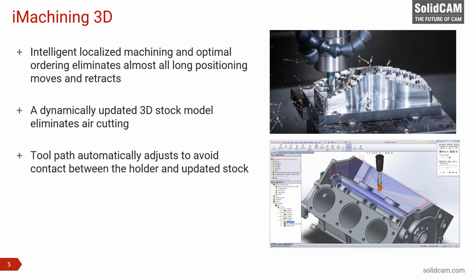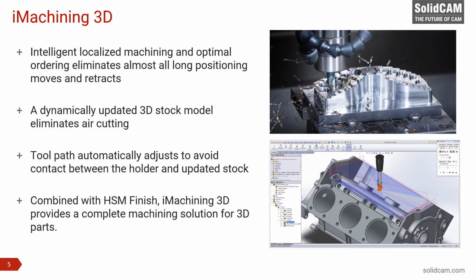So if the holder comes in close contact with the updated stock, the holder and the tool assembly is pushed away from the updated stock by the value defined by the user as a safety value, thereby avoiding any kind of collisions with the holder and the updated stock. Remember, we talk about updated stock and not just about the machined part, okay? Not the final part. We are also taking into account the updated stock.